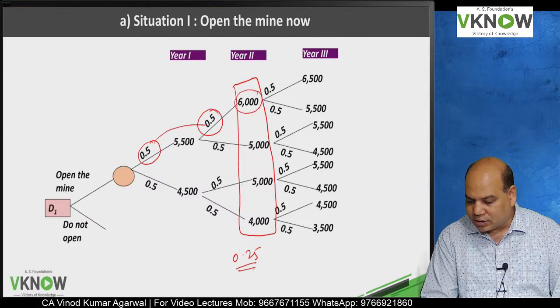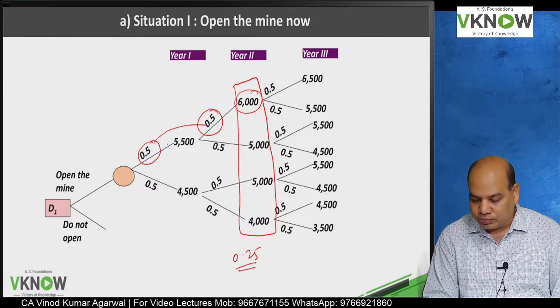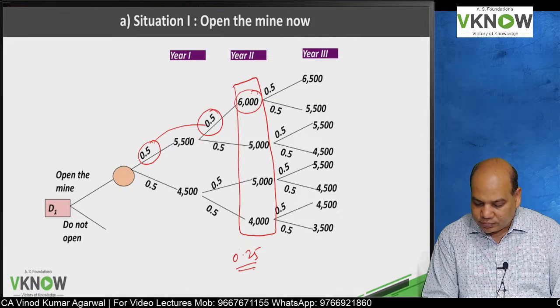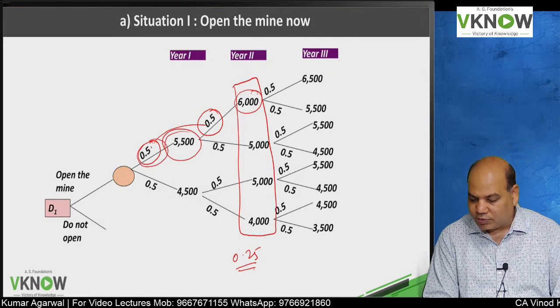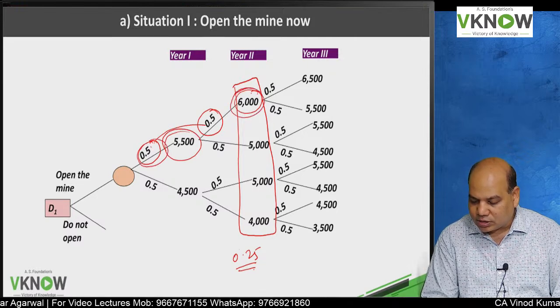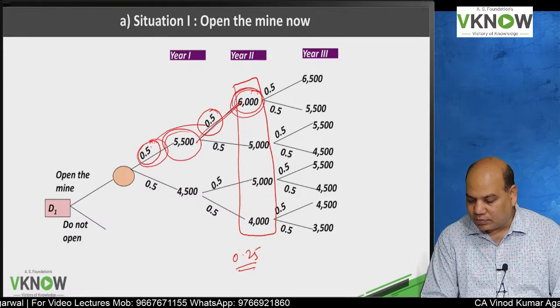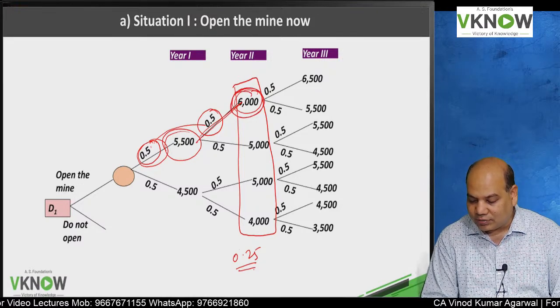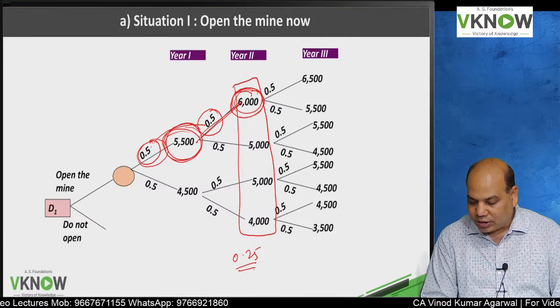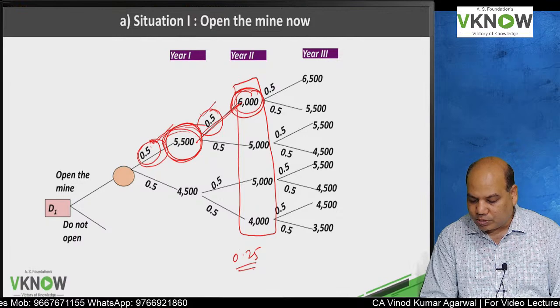If you get 5,500 in year 1, whose probability is 0.5, and then you get 6,000 whose probability is 0.5, the probability of getting 6,000 in the second year is the joint probability.